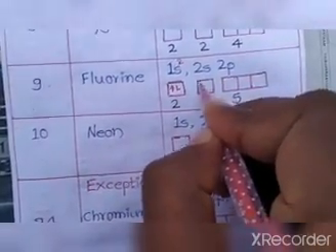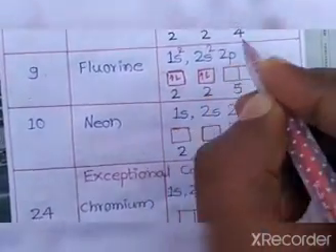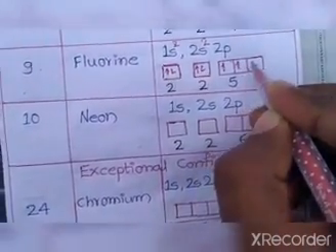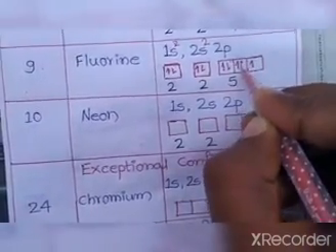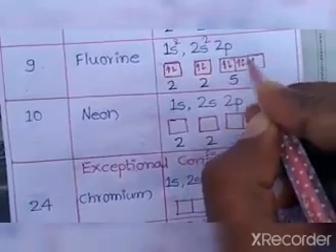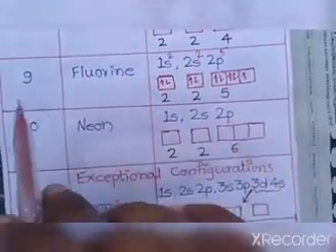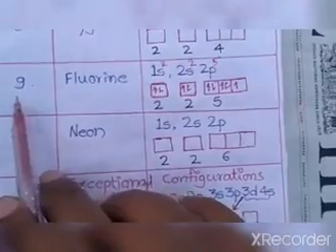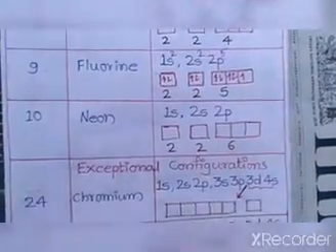The third electron will fill to 2s, the fourth to 2s, then it is 2s2. Fifth is 2p, sixth is 2p, seventh is 2p, eighth is 2p, ninth is 2p. Then how many electrons are in the p? That is 5. Fluorine atomic number is 9, the number of electrons is 9, and its electronic configuration is 1s2, 2s2, 2p5.